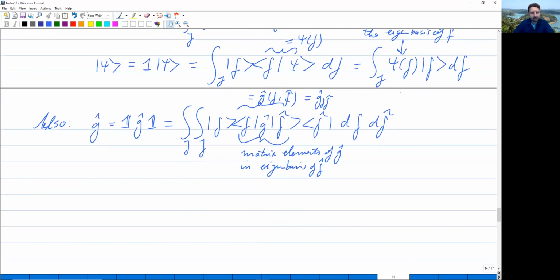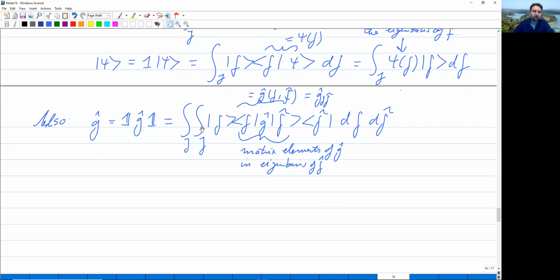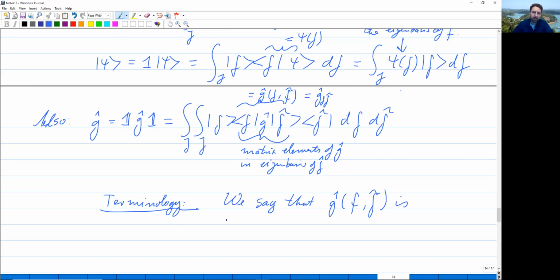However, since this is not really a matrix and we are not summing, we are integrating, there is another name that is also used here. Terminology. Namely, we say that G hat of f and f tilde is an integral kernel.